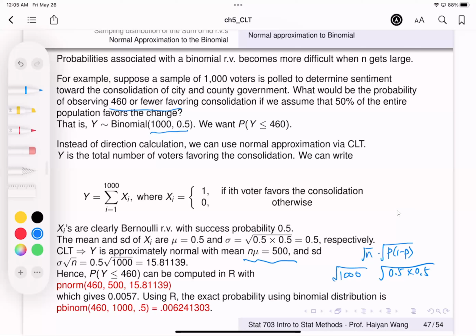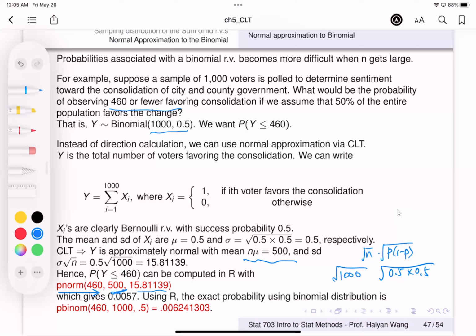And for the computation of the probability of y being 460 or fewer, we can directly use now the pnorm to compute. We put the 460 there, and then we put the mean of 500, that's from n times p. And we put our standard deviation there. That will give us the approximated probability.